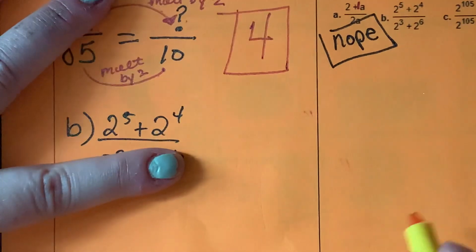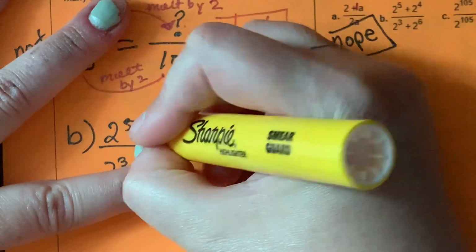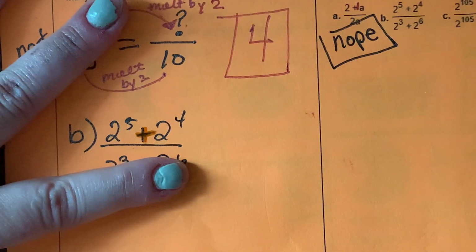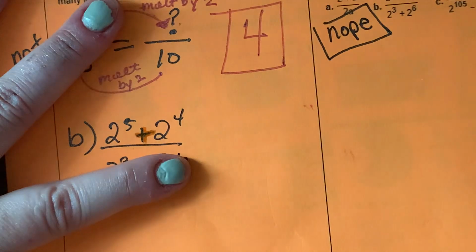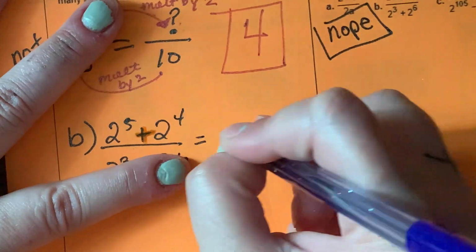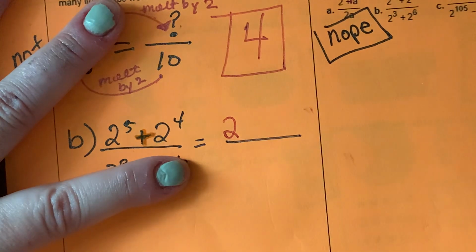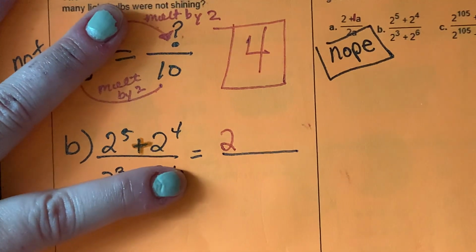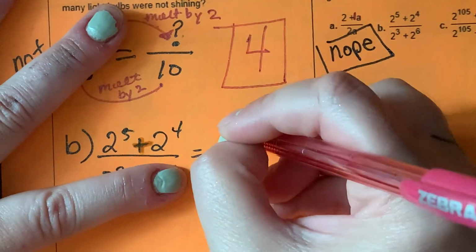If we look at this top, what's in common from the left of the plus and the right of the plus? You should see that there's a common 2. 2 is in common. But what's the lowest exponent in common? 5 or 4? It's 4.